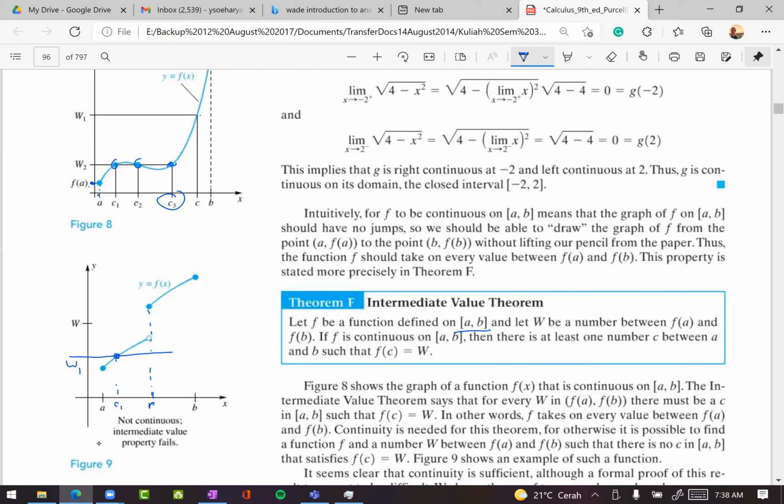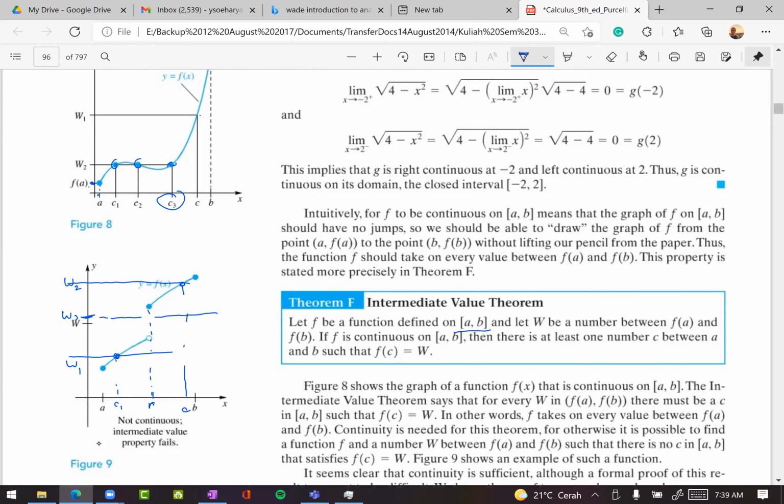Same thing if you take w here, you still have something. This is c. However, if you take w like this here, you hit nothing. So there is no c.